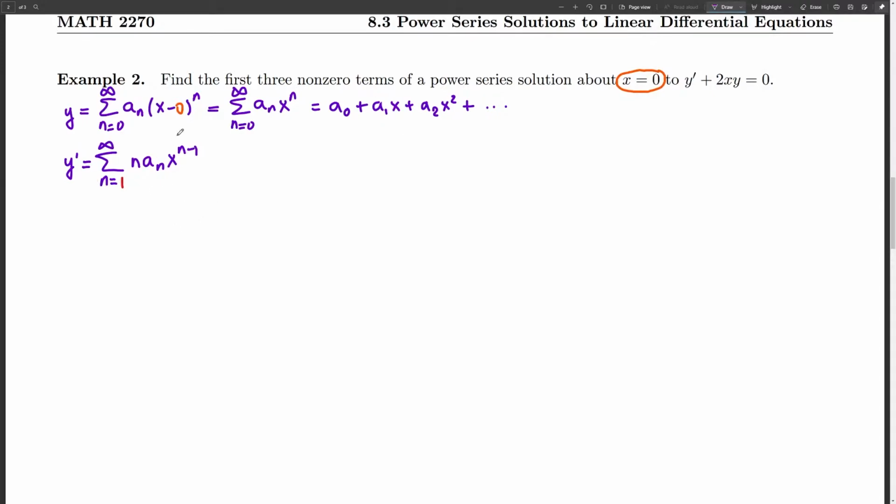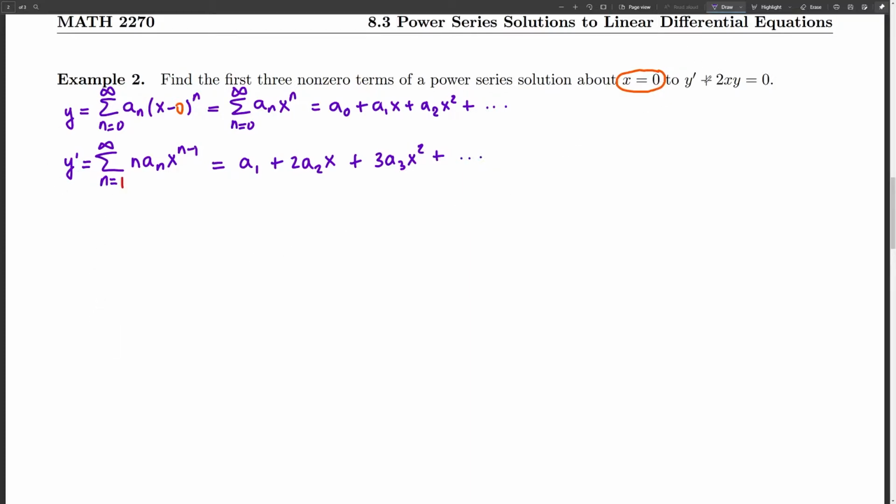And the reason we start at 1 is because the derivative of a naught is 0. That's a constant. So if you write this out, you get a1 for n equals 1 plus 2a2x plus 3a3x squared plus etc. So that's our y prime.